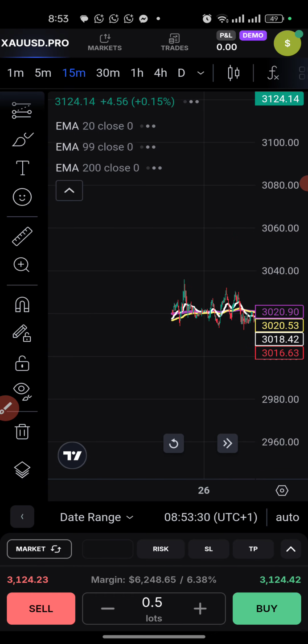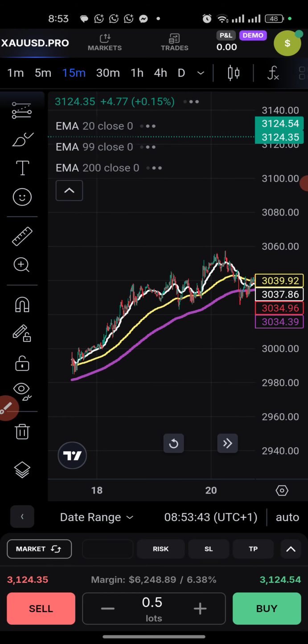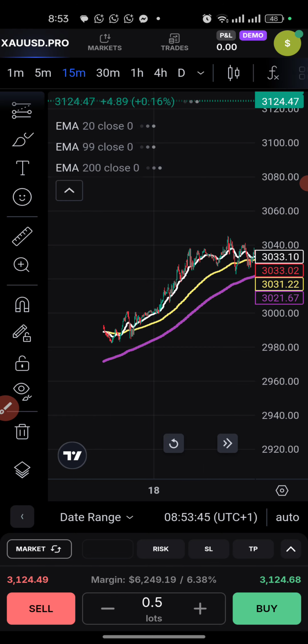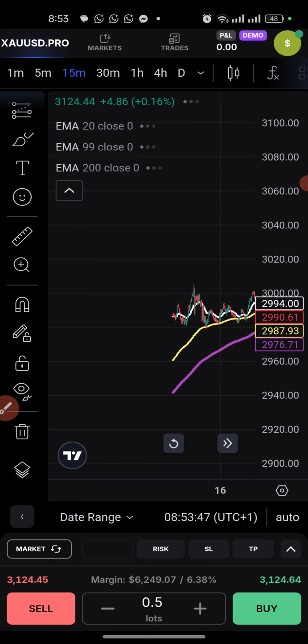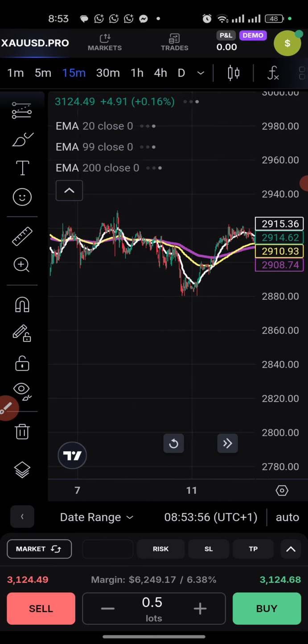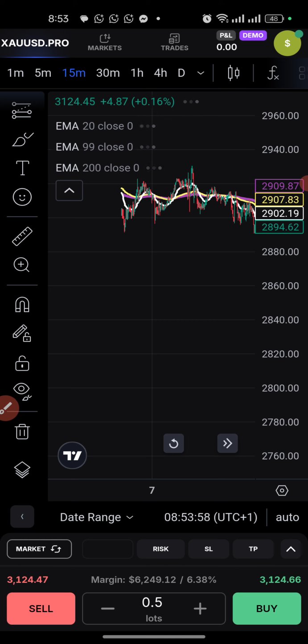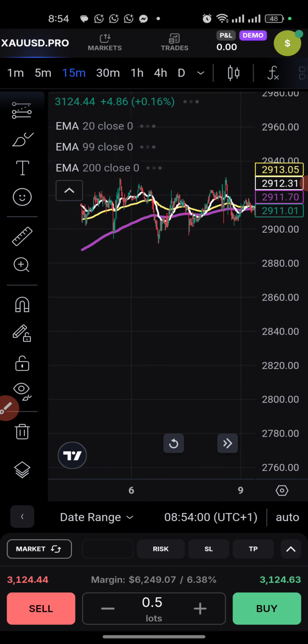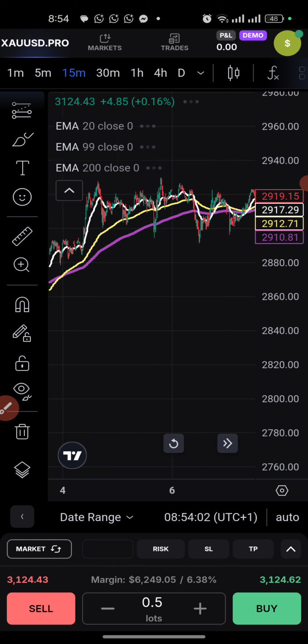Whenever we enter a downtrend, you will see that price will fall below the 200 EMA. So when you see that happen, you already know that we're in a downtrend. So you're looking for sells. When price is below the 200 EMA, you're looking for sells. When price is above the 200 EMA, we're looking for buys.